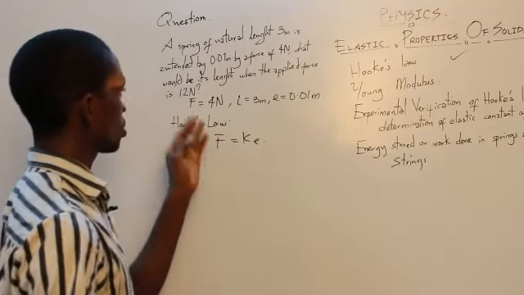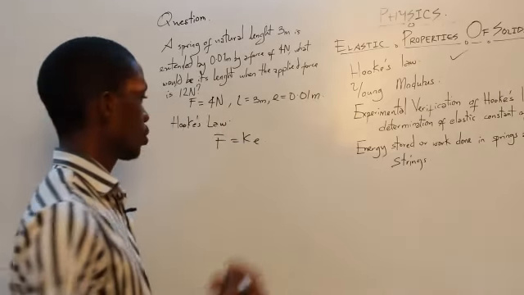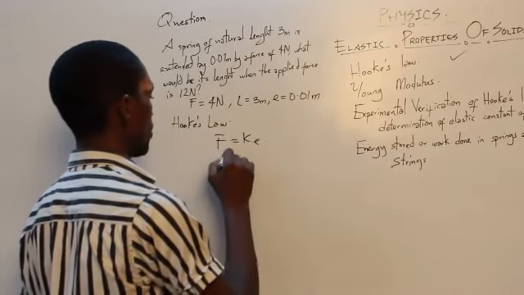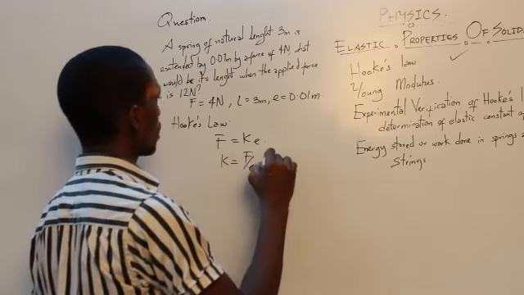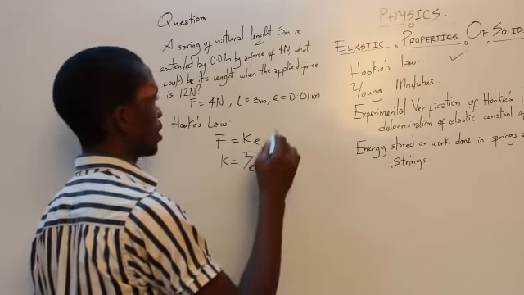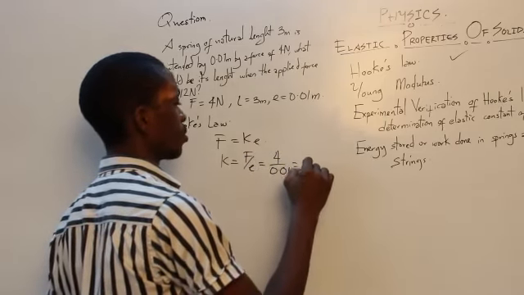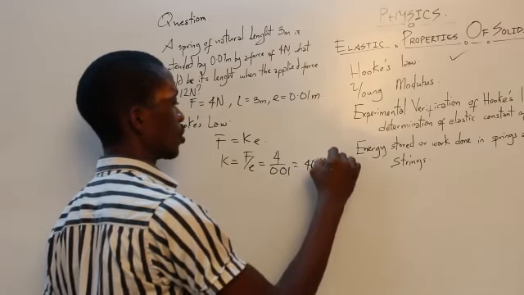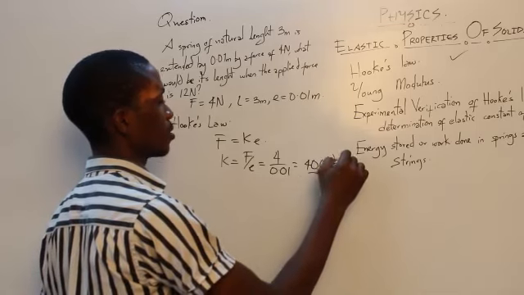How do we calculate it? We need our F and we need our E. So we substitute them into the equation. Spring constant equals F over E, which is 4 over 0.01. When we divide, we have 400 newtons per meter.